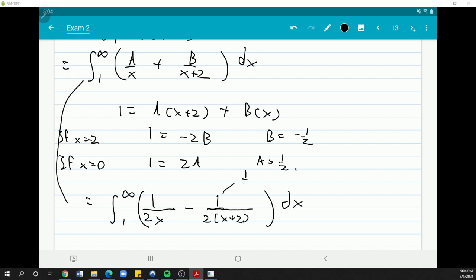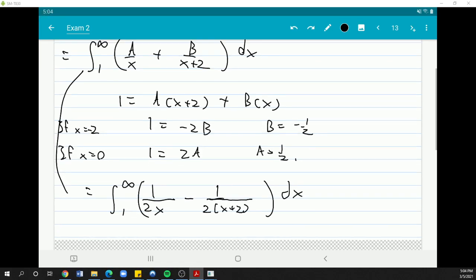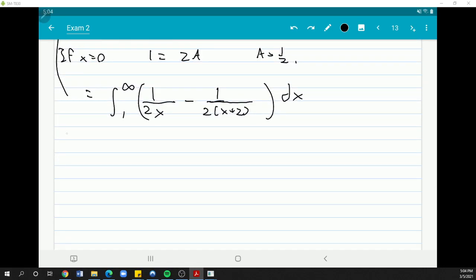Again, really these are 1/2s in the numerator, but if you have a 1/2 in the numerator, you can kind of pull that fraction down. And so this is this. Now I'm going to pull out a 1/2, integral of 1 over x minus 1 over x plus 2, from 1 to infinity.